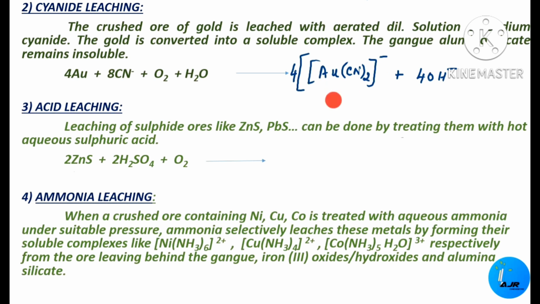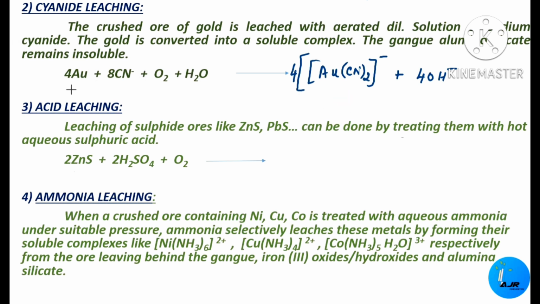In this process, the gold is reduced to its elemental state and the process is called cementation. What is cementation? This soluble complex is treated with zinc, so gold is reduced to its elemental state.